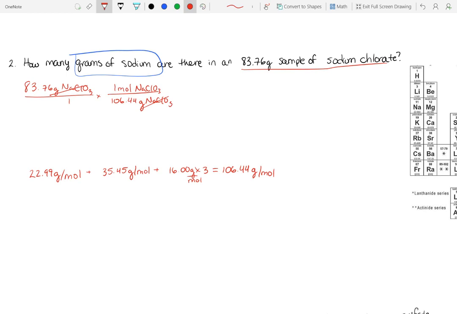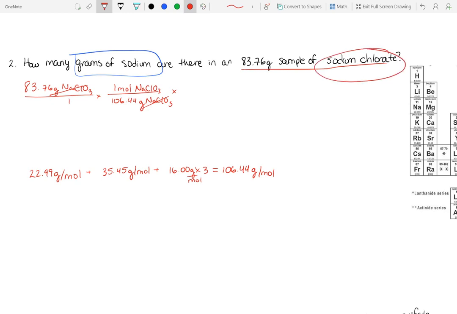So before we even get to grams of sodium, obviously we have to get into moles of sodium. So we're going to use what's called the mole ratio. The mole ratio is basically within a mole of one larger thing, which is our sodium chlorate, how many moles of a smaller thing are there?